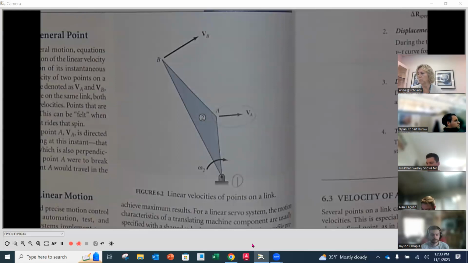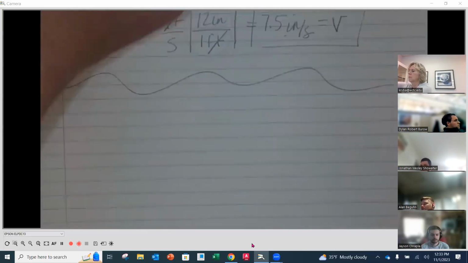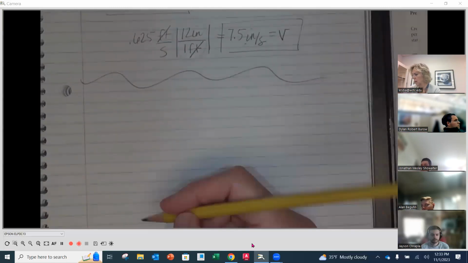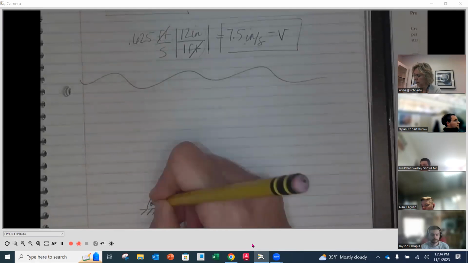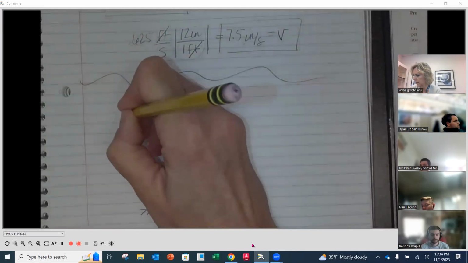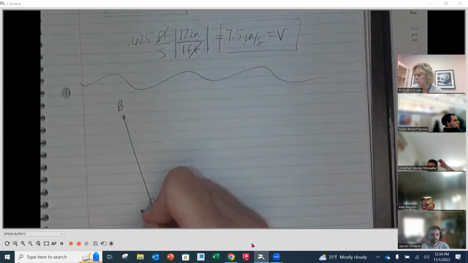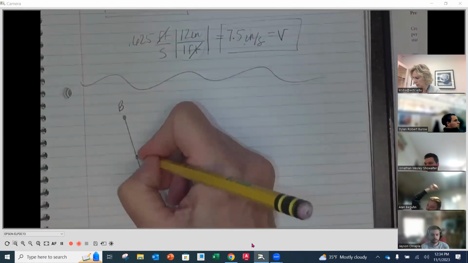Before we look at the equation, I just want to draw you a little diagram here. If I take the frame member and show the same type of link, but just as a straight line, here's my point B, and here's my point A along the very same length.